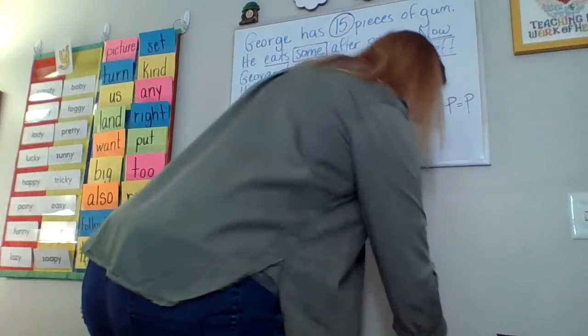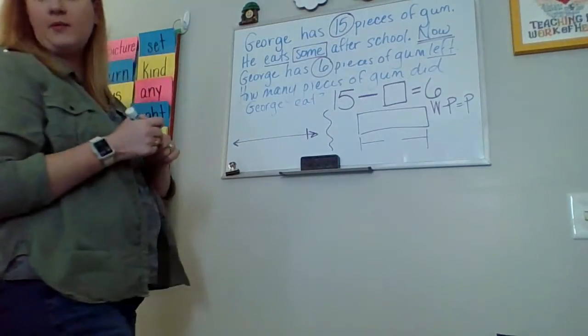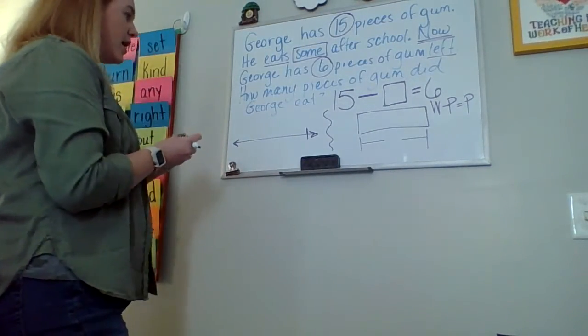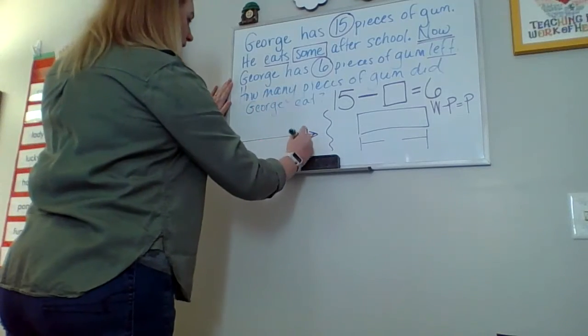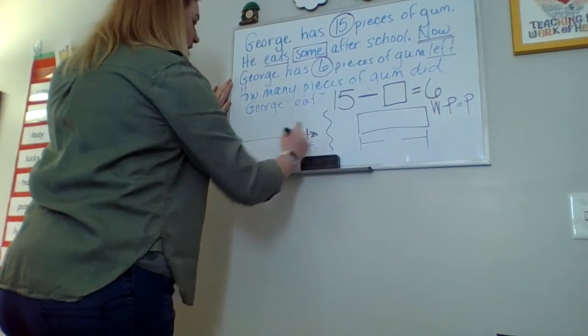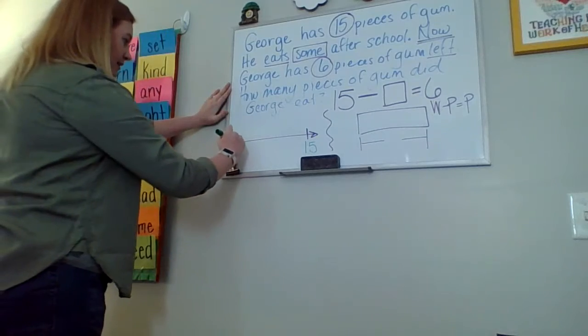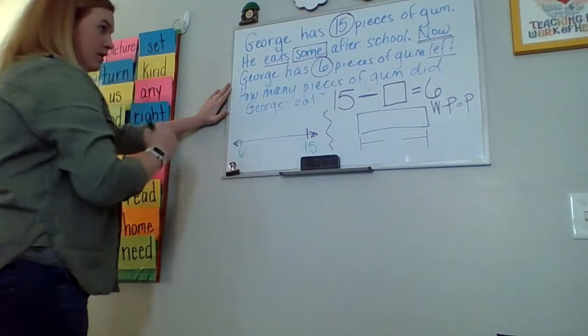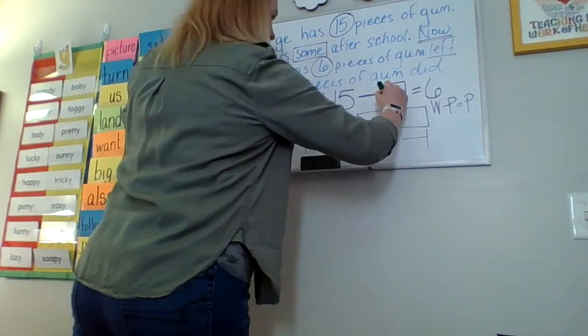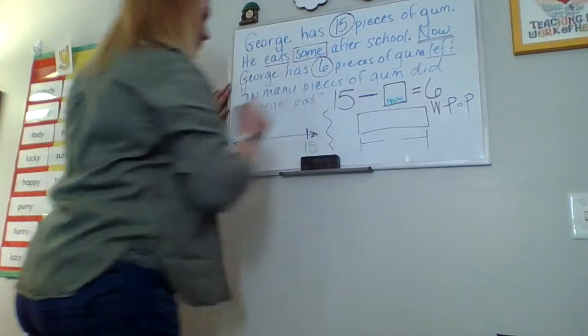Alrighty, so if I was to solve this problem like a lot of you showed me, if I used an open number line, I'd start at 15 and I'm going to hop back to the number 6 because this is the number of hops I do.